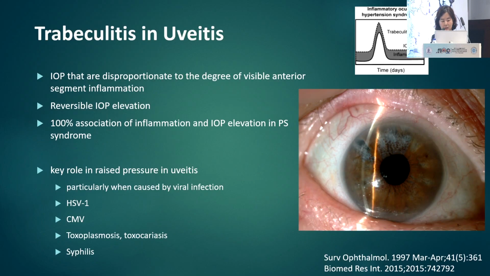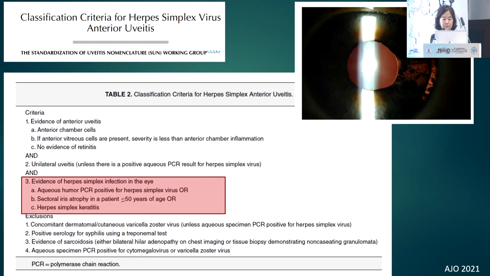In this case, the IOP elevation is related to trabeculitis, and these days, it is supposed that the major cause of this kind of IOP elevation is infection, particularly viral infections such as HSV1 and cytomegalovirus, and toxoplasmosis, et al.